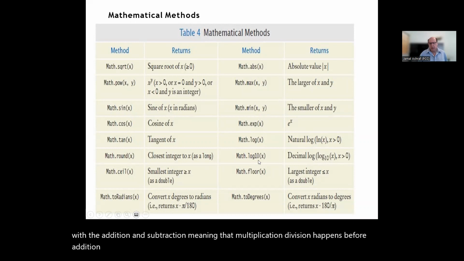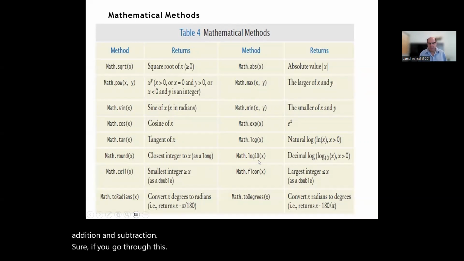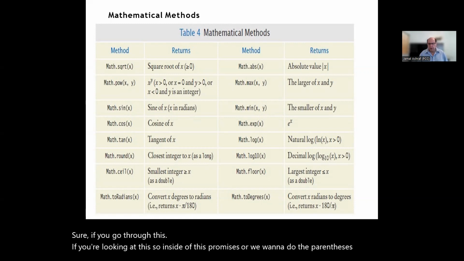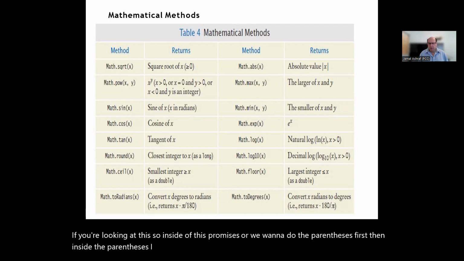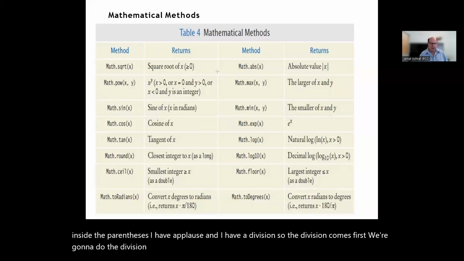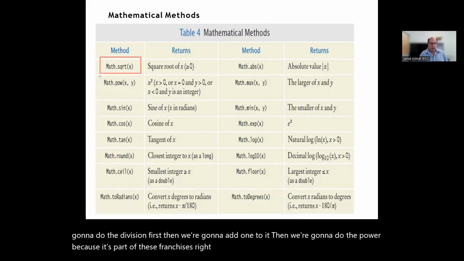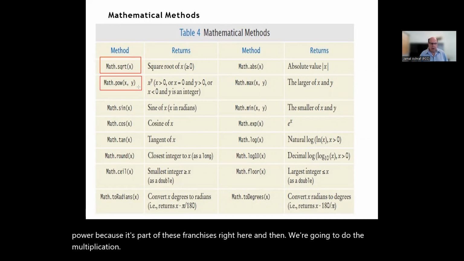These are some of the methods that are available in the Math module. We don't have to memorize them. We just have to know that they're available. Some of them we're going to be using in this class. Some of them you may never use. So square root, power, sine, cosine, we are not going to use.